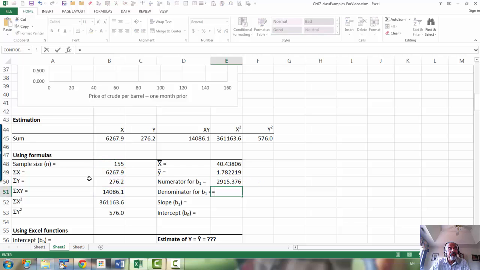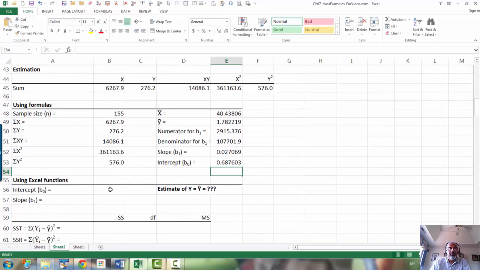Denominator is sum of x squared minus sum of x, quantity squared, over the sample size. Slope is the numerator divided by the denominator. Now intercept is y bar minus b sub 1 times x bar.